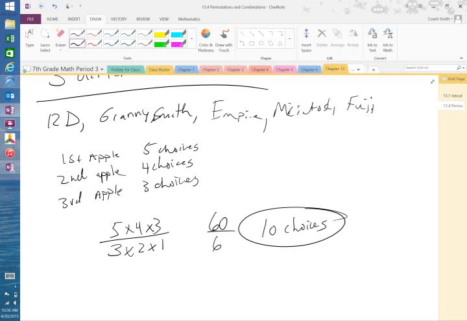Now, look at number 18. Number 18 is a fairly long one. I am going to let you use a calculator on it, because it wants you to pick 6 cards out of a deck of 52 cards. And it says, for whatever reason, order is important.